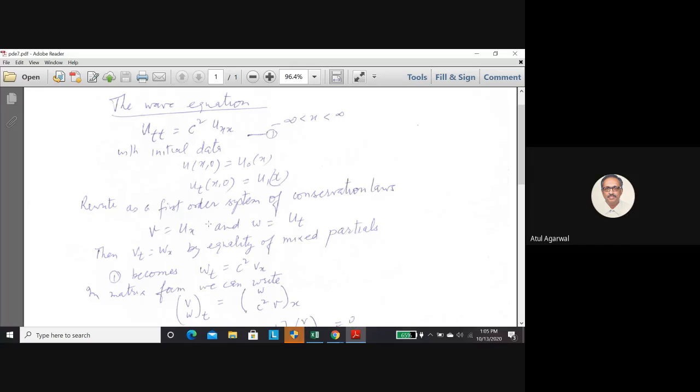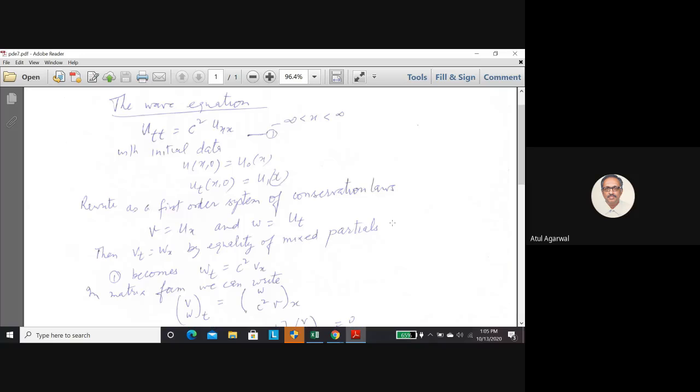Now you see, if you take its derivative with time and its derivative with x, it should be the same because mixed partials are equal. Either you take a derivative with x first or with t first, mixed partials will be equal.